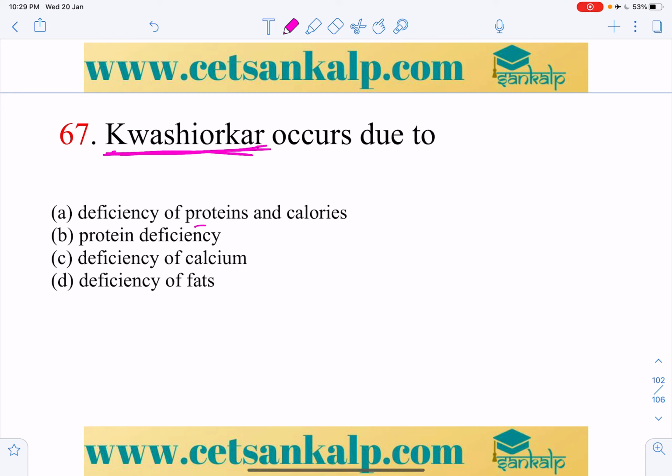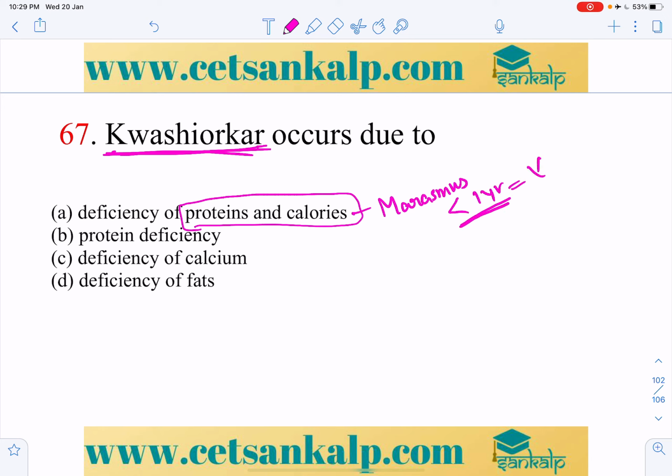Marasmus is due to both protein and calories, that is the protein energy malnutrition called marasmus. Infants less than 1 year old are mainly affected by this, whereas only protein deficiency is kwashiorkor. So the answer for that is deficiency of protein.